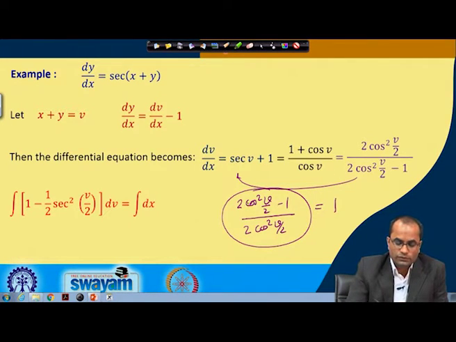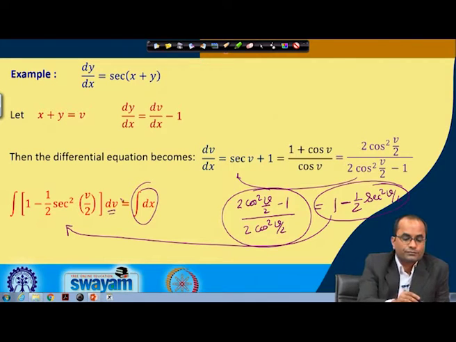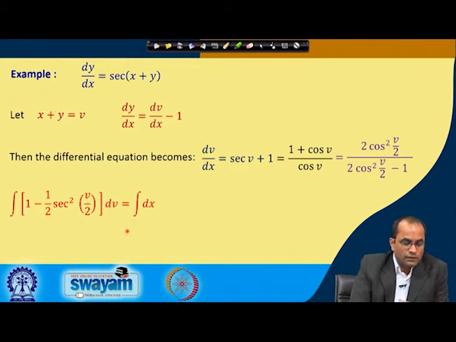So, 2 cos square v by 2 divided by 2 cos square v by 2 will be 1, and minus 1 by 2, and 1 over cos square v by 2 will be sec square v by 2. So, this is now the integrand here, 1 minus half sec square v by 2, and this we will integrate over v, and the right hand side we have the integral of dx.